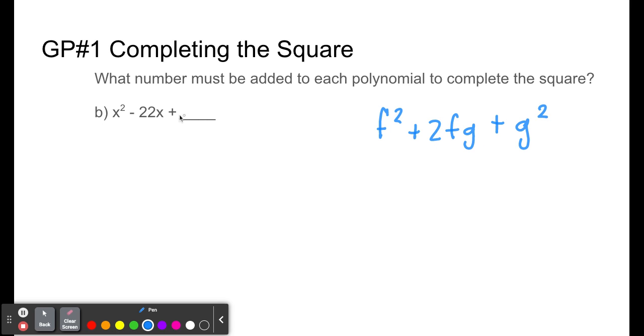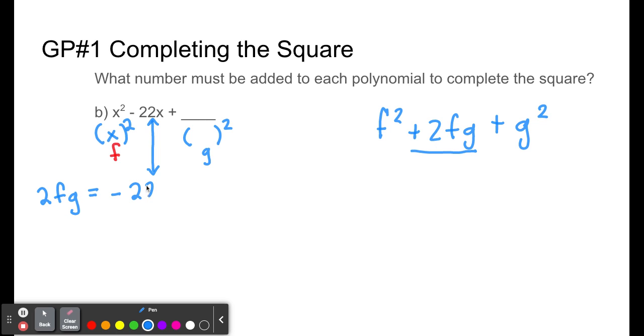So in order for us to complete the square, we have to figure out the value of g. We know that this is x squared, so we know that x is our f term. And we know that negative 22x is equal to our middle term, so 2 times f times g is equal to negative 22x.